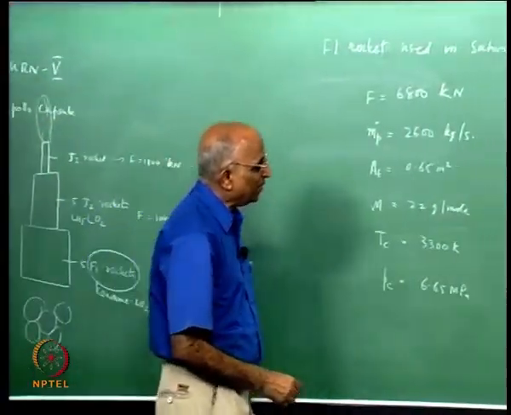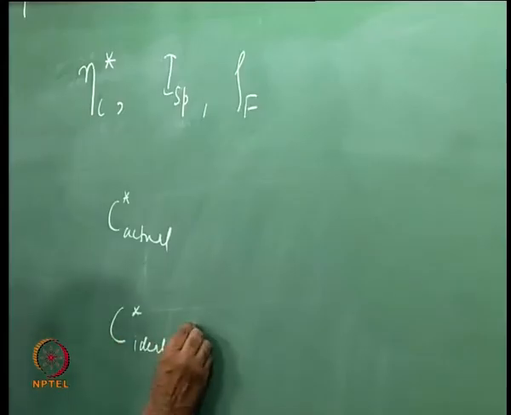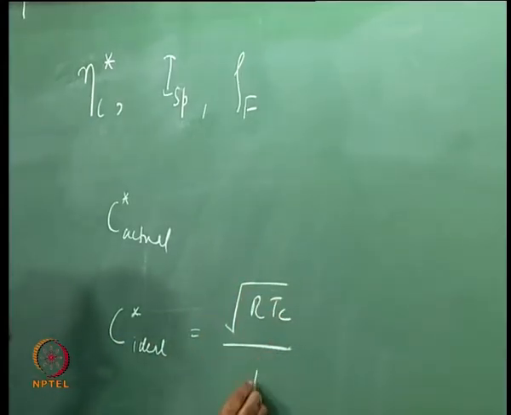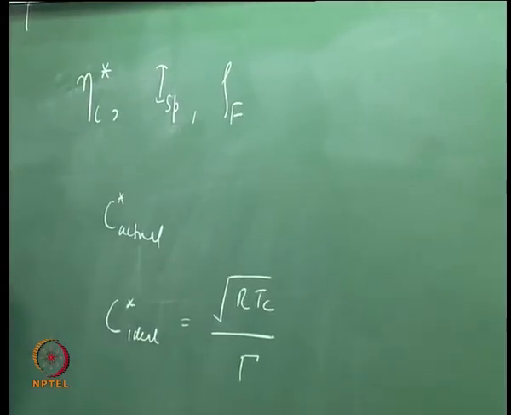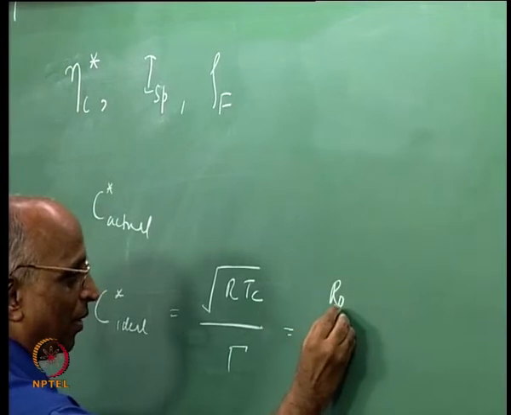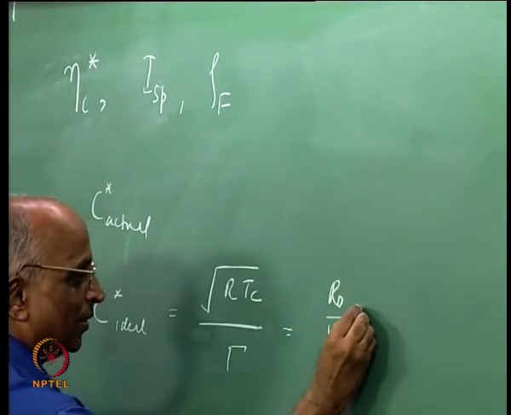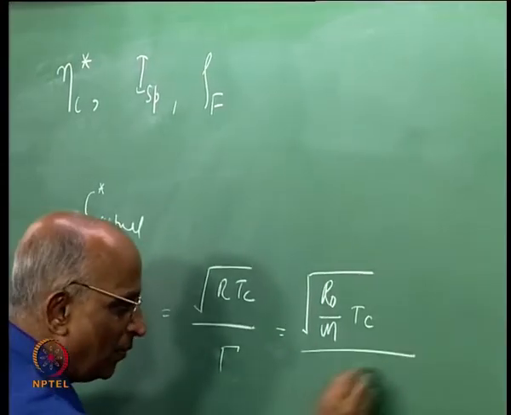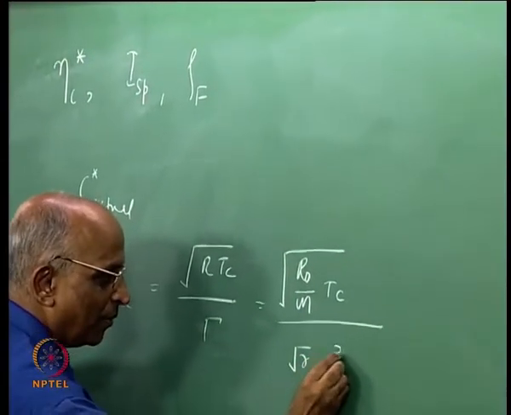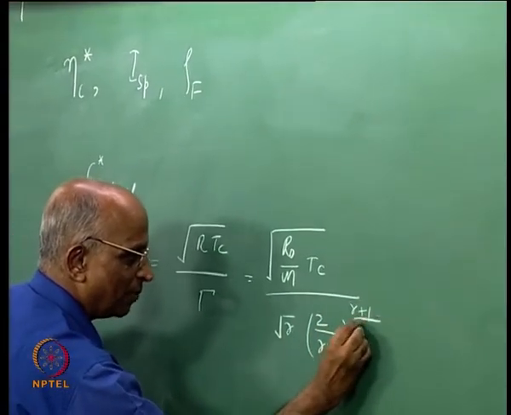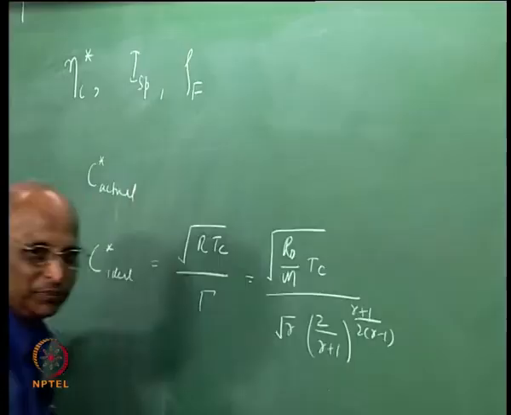How do I get the ideal value? Well, we already know it is equal to under root R Tc by capital gamma, where R is equal to R naught divided by the molecular mass, and capital gamma is equal to under root gamma into (2 over gamma plus 1) to the power of gamma plus 1 divided by 2 into gamma minus 1.